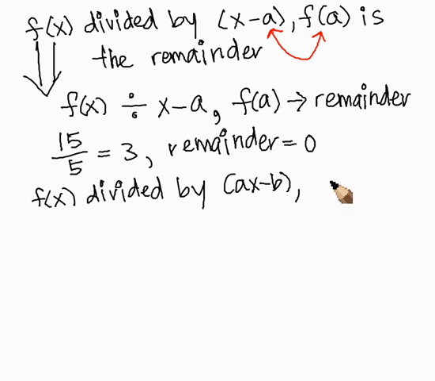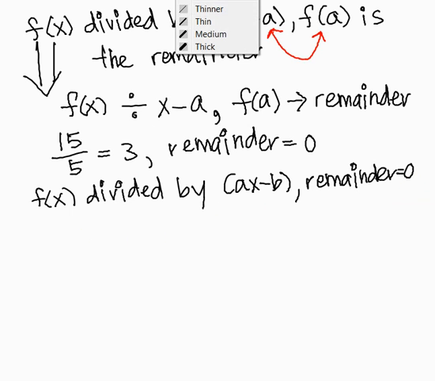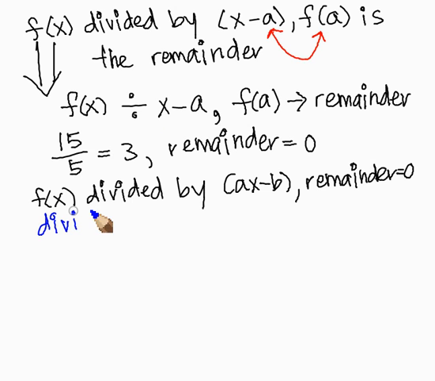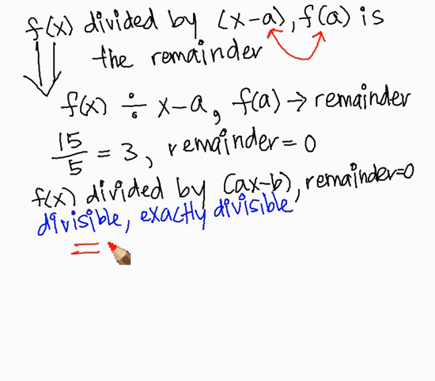If f(x) is divided by ax minus b and we are told the remainder is 0, or divisible, or they tell you f(x) is exactly divisible, all these mean the same thing. We have but one conclusion: ax minus b is a factor.